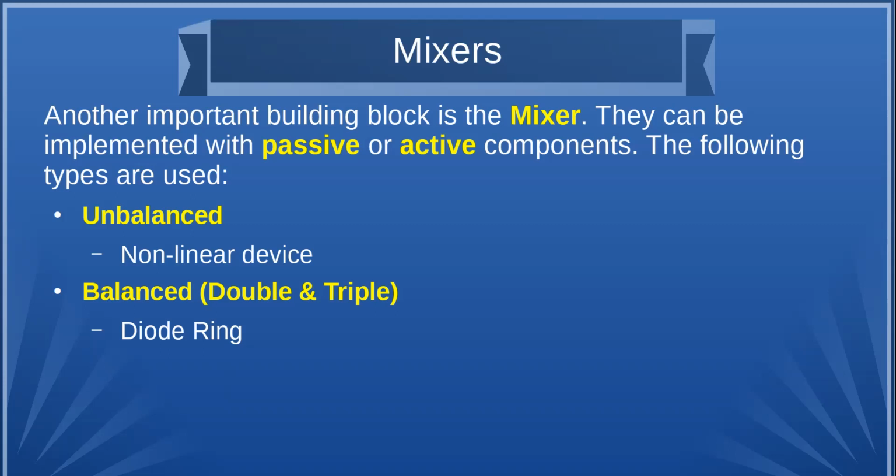If it's a balanced mixer, like a diode ring, you eliminate the carrier, it cancels out. So you just see the two sidebands. So that's why you use double and triple balanced mixers to do single sideband. It gets rid of the carrier for you. One less thing to filter.